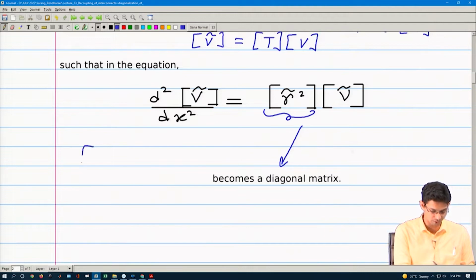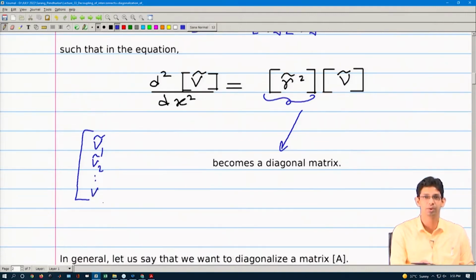So, if you have something like V1 tilde, V2 tilde, so on. Now, I am not writing V common mode or differential mode, because those definitions do not hold any meaning now.